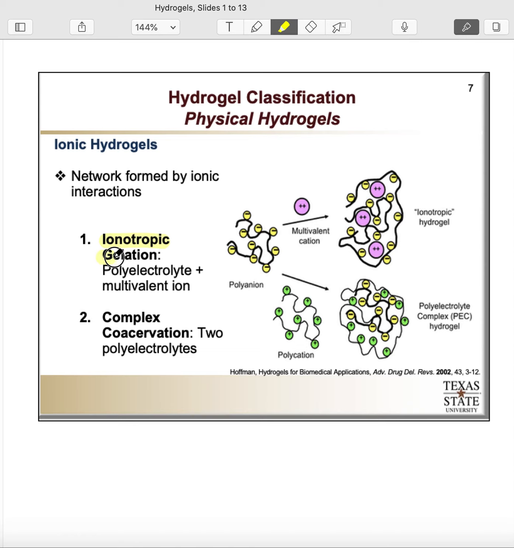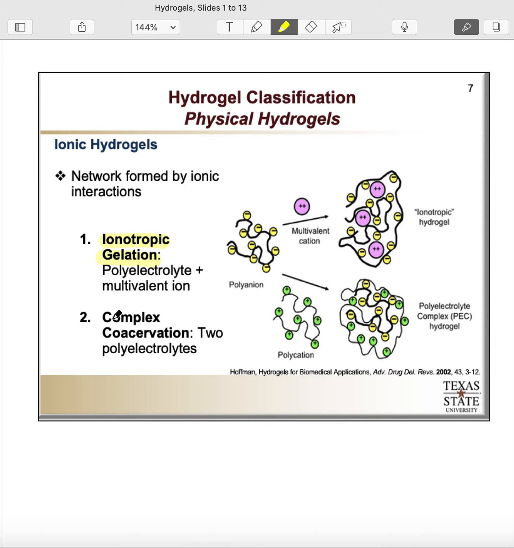In this ionotropic gelation, you begin with a polyelectrolyte, either a polyanion as shown here or a polycation. We then interact that polyelectrolyte with a multivalent cation or multivalent ion of the opposite charge, and that ion is basically going to bridge chains together in order to form the hydrogel.